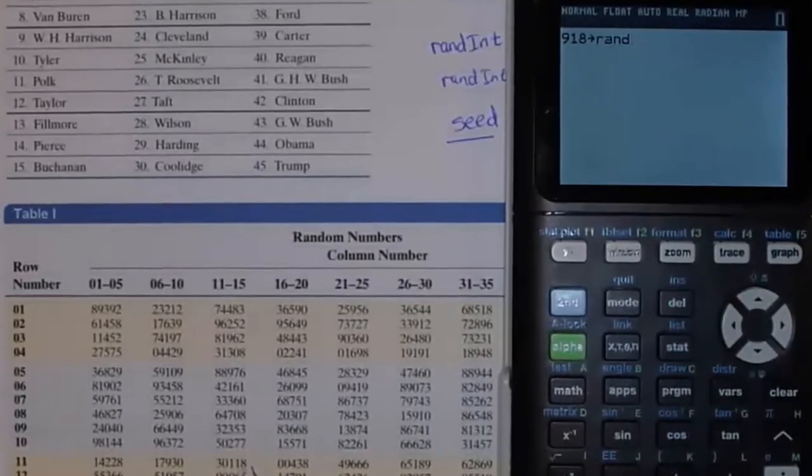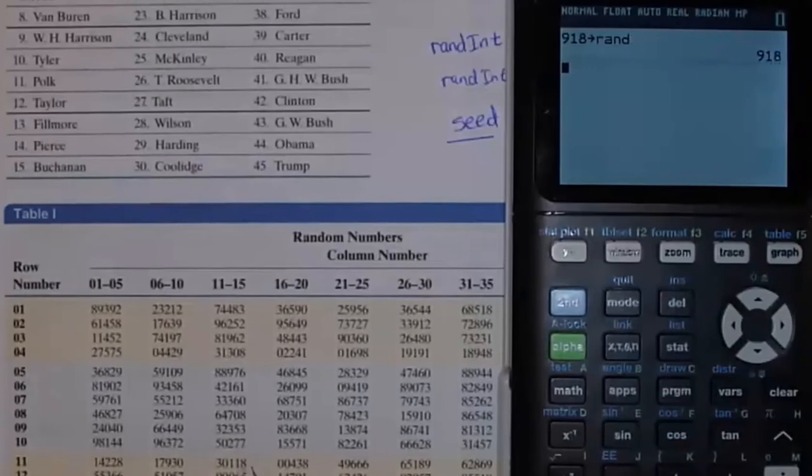So I type in my seed value, hit the store button, and then get that rand command under math and probability. When I hit enter, it just repeats my seed value. What I have done with that seed value is select the position in the calculator's random number table for me to start.